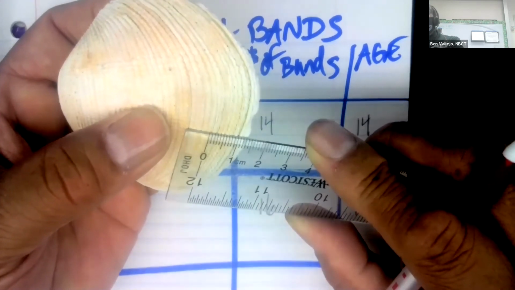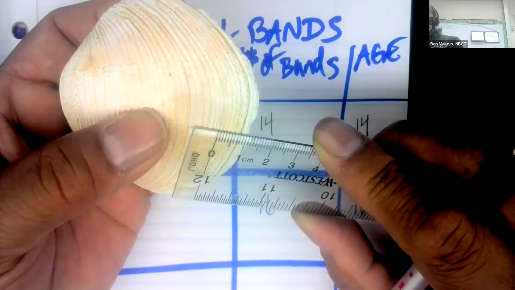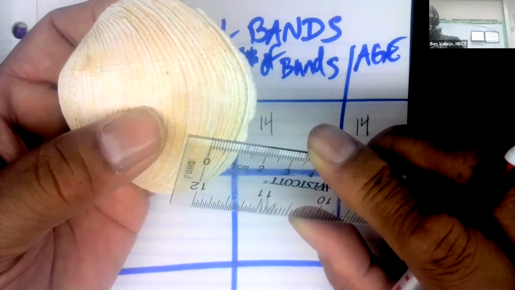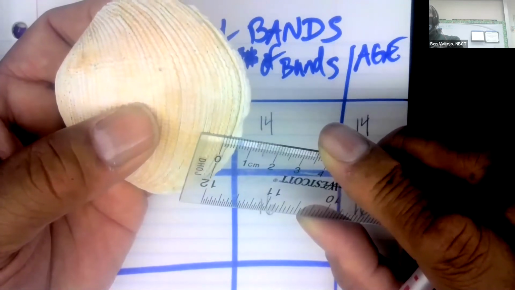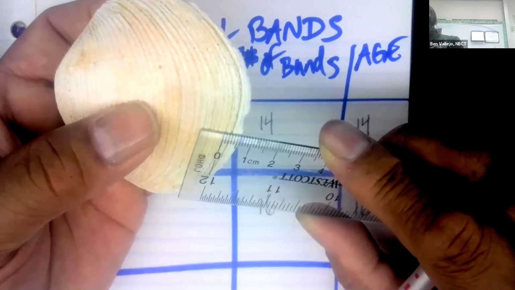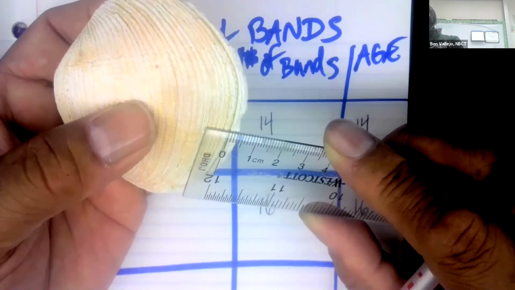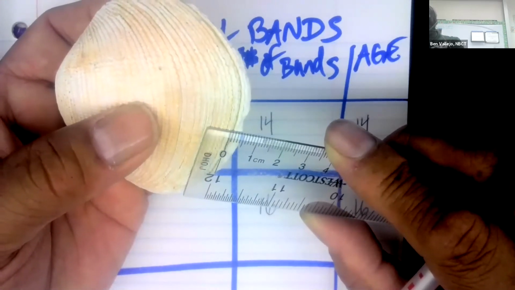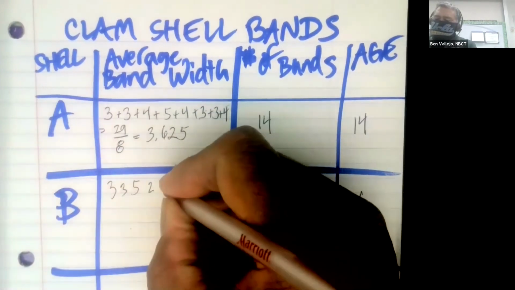That one's also 3. All right, that one is 5. 3, 3, 3, 5. Now we have some smaller ones. 3, 3, 5, 2, 3.